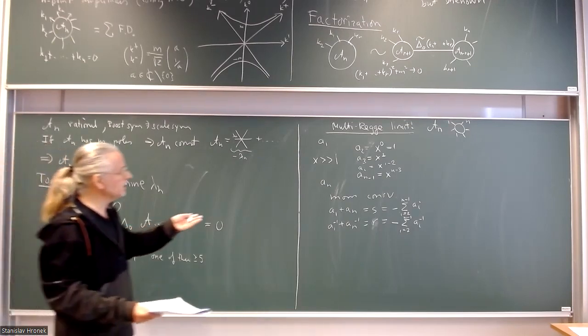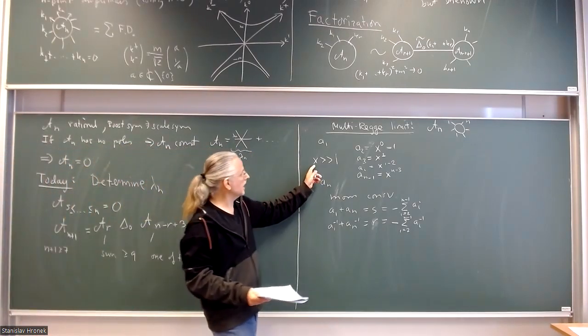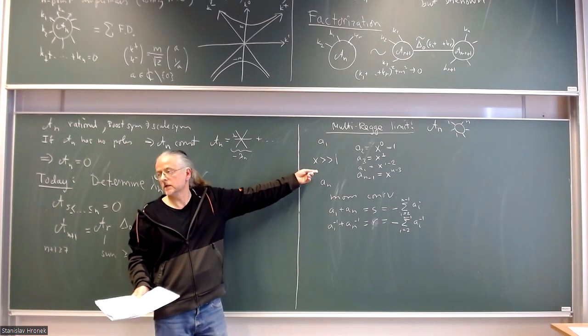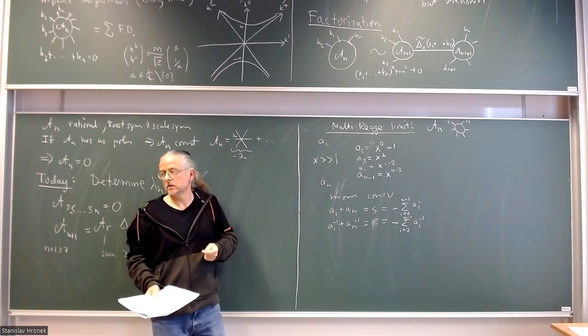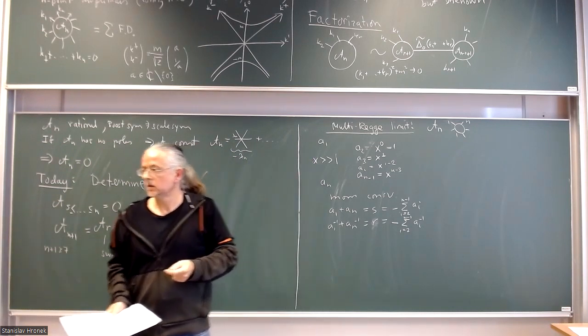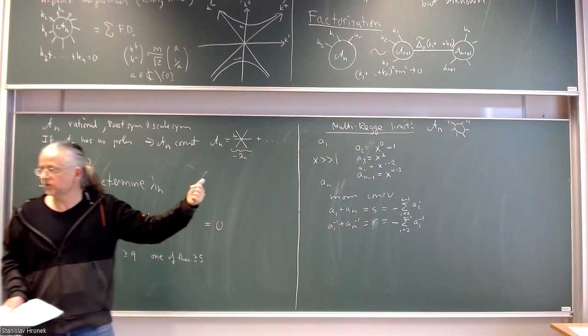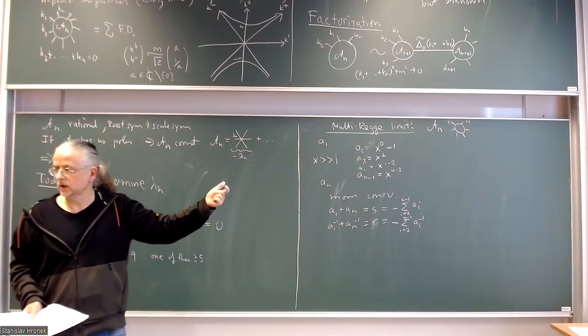And actually, they will be real in this case because I take x to be real and large. So they're not complex anymore. Can people like complex just saying that the real part is increasing very fast? It's not necessary. I guess you could do that if you want, but it would be enough to just look at the real part.